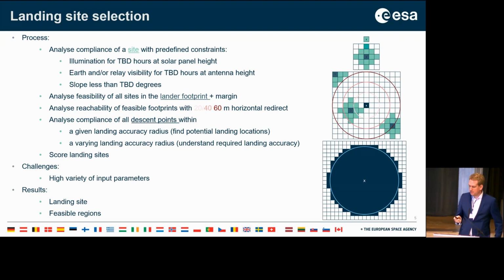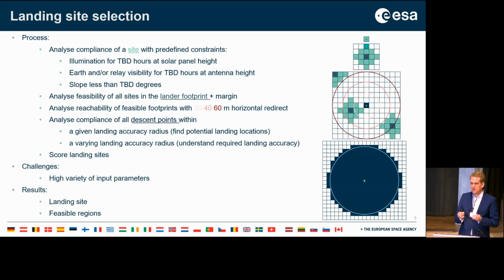The important point is that this is at different heights, because the solar panels might be at a certain height and the antenna at a different height. So all of the calculations we're doing with the horizon mask are height dependent. Whatever height is of interest, depending on the lander you choose, we can look at these different heights.